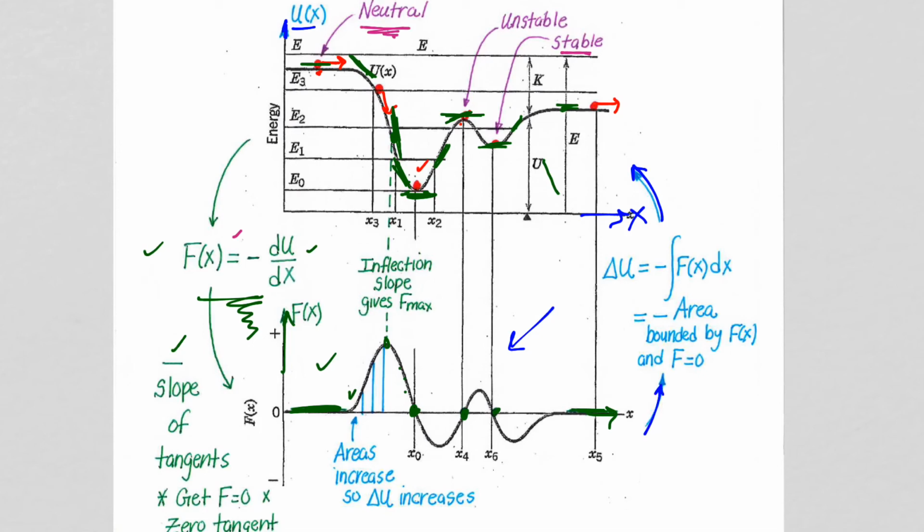Delta U, the change in potential energy, is negative the areas, and I use my little slices here, my trapezoid rule from calculus, to estimate areas. Small area means small change in potential energy, bigger areas mean bigger changes in potential energy. These are positive areas, but the negative in front means that the potential energy was decreasing, as it shows here.